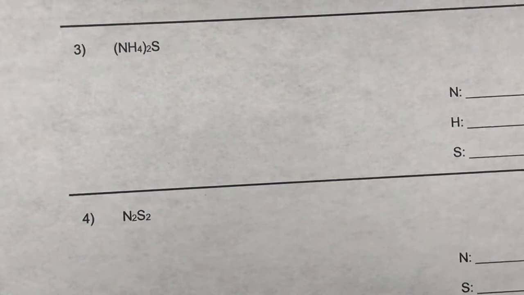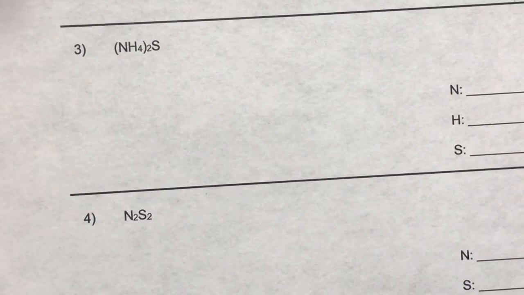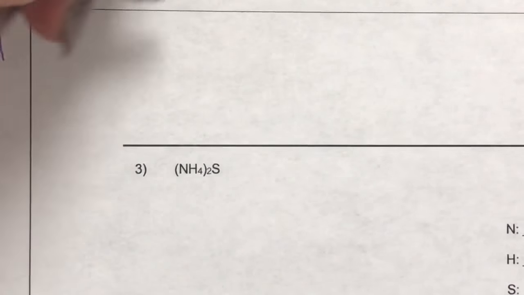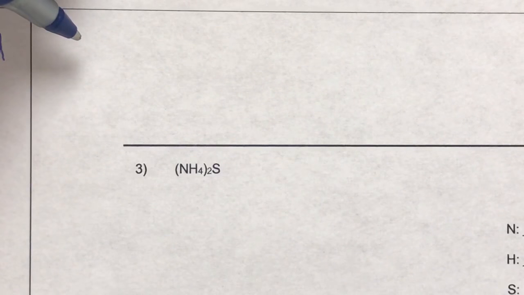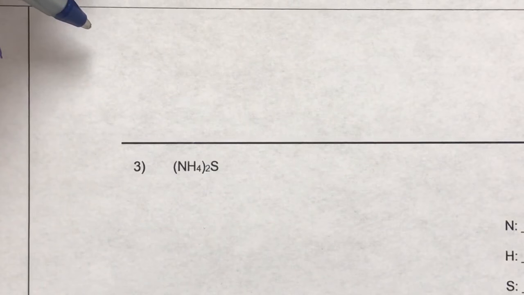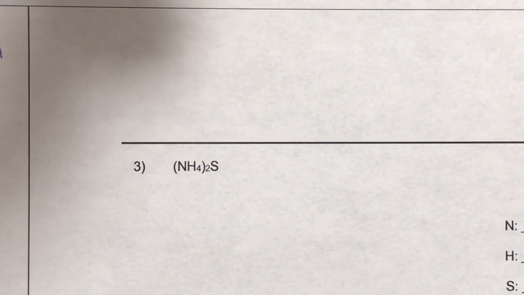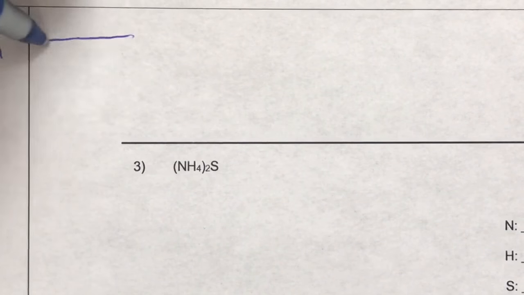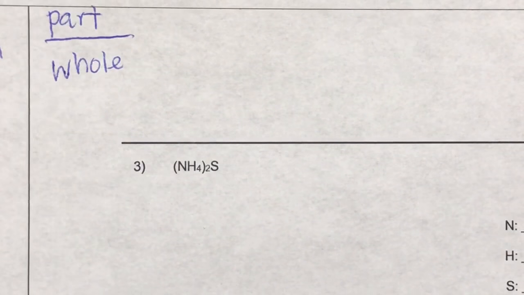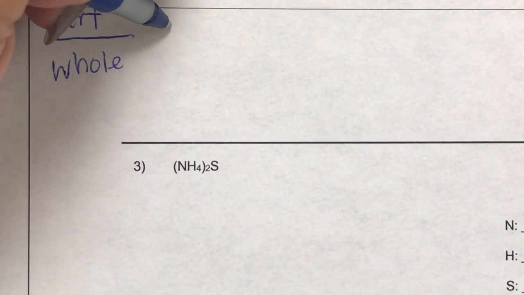It might be a little bit more challenging because there are subscripts and there's parentheses. After this one, after practicing, you should be able to do it on your own. You can always come in during lunch tutoring, just get a pass for me. Again, to find the percent, we need to find the total mass, the entire weight of the entire compound, because that's the denominator. That's what goes on the very bottom, the whole. So I need to add that all up.